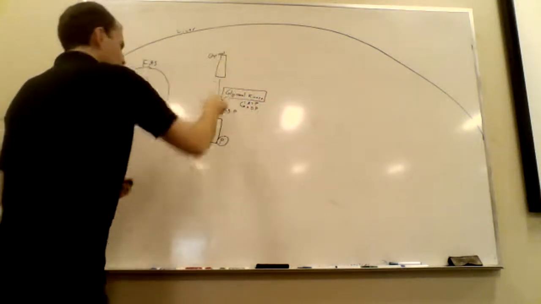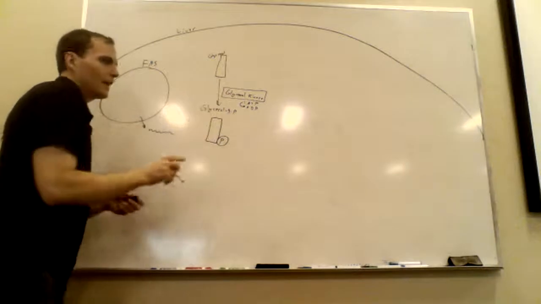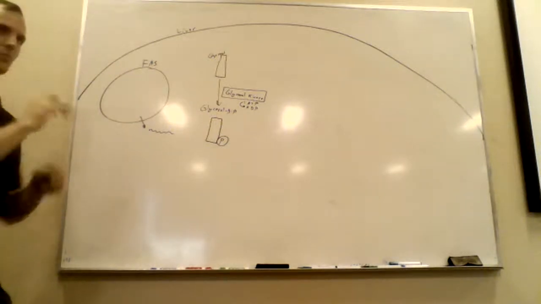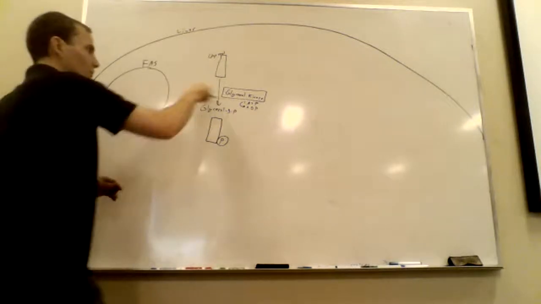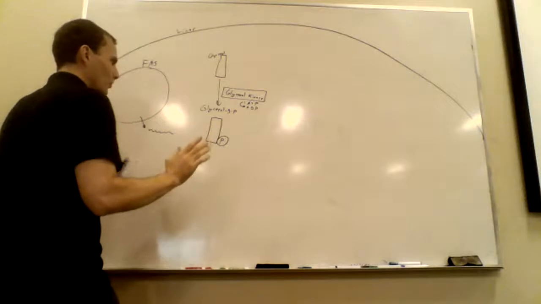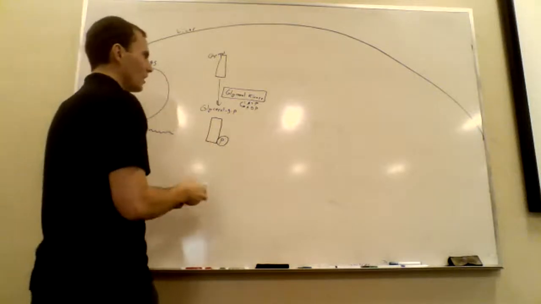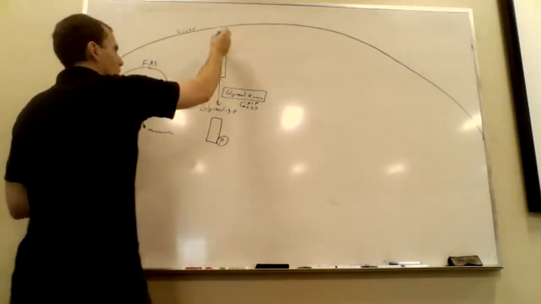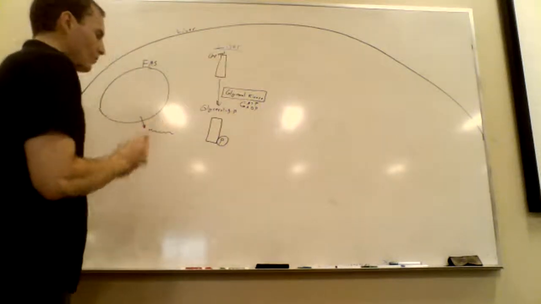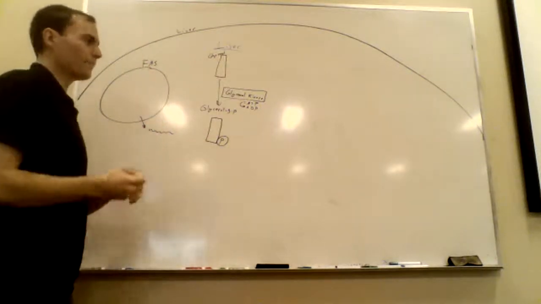Okay, so this enzyme, glycerol kinase, is only found in one place, the liver. No one else has it. So this particular pathway, de novo or brand new glycerol 3-phosphate, not recycled, is exclusively for the liver.